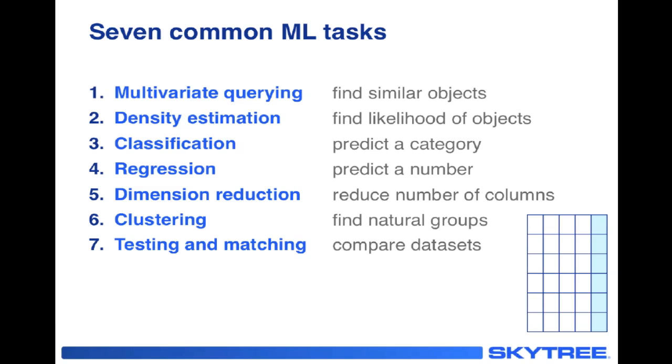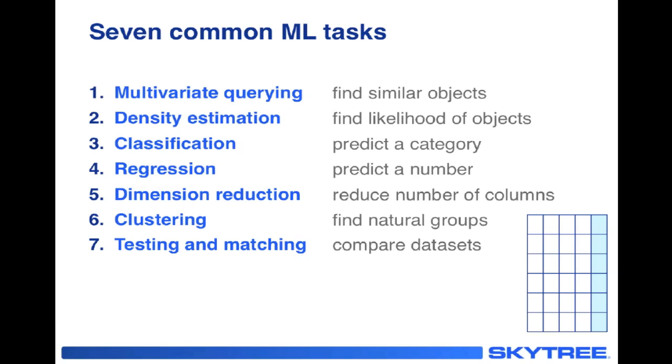If you're trying to predict that column and it's a discrete variable, a category, from the other columns, that's classification. If it's a continuous number you're trying to predict from the other columns, that's regression. If you're trying to squeeze the number of columns because it's too high, really, 2 or 3 is all you can visualize, say you want to reduce it to 2 or 3 but somehow keep the same relationships between the points or rows, call that dimension reduction.